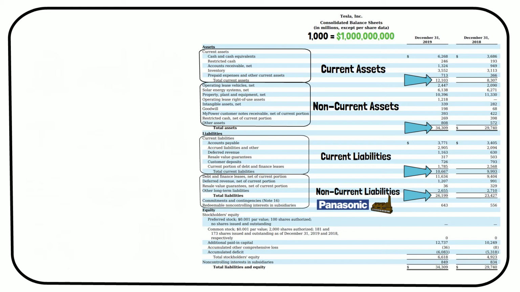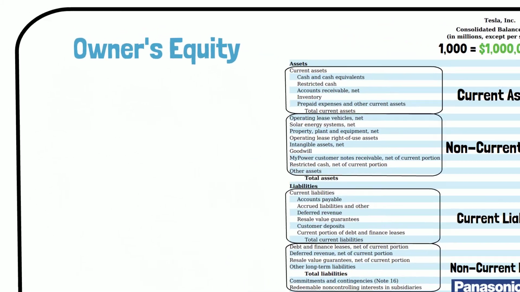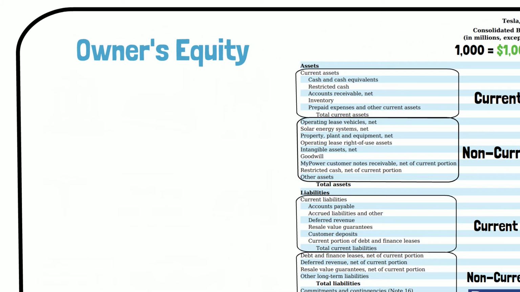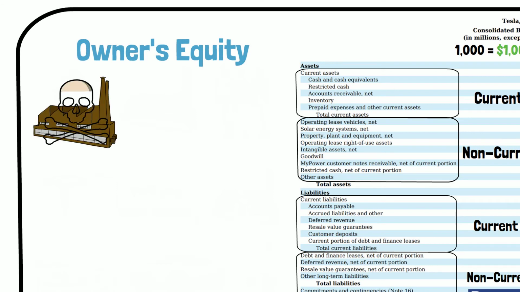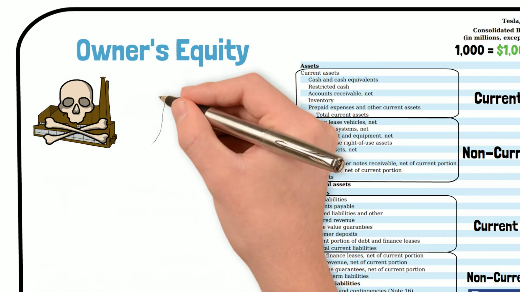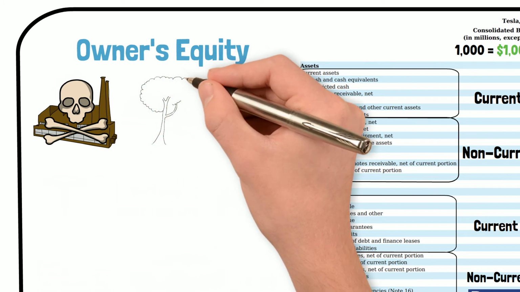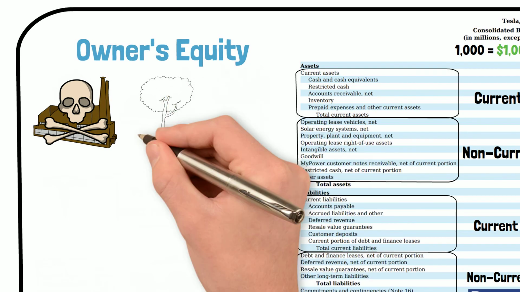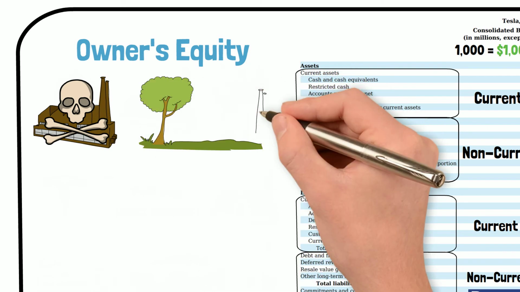The last section of the balance sheet is called owner's equity. The best way to understand this part is to think about the worst case scenario for a business, bankruptcy. When a company files for bankruptcy, the assets of the company get sold off to get the most amount of money possible.